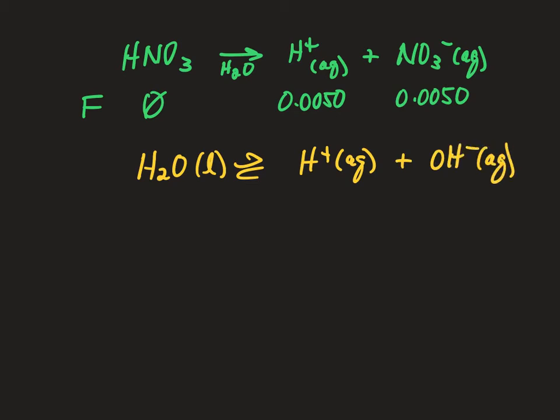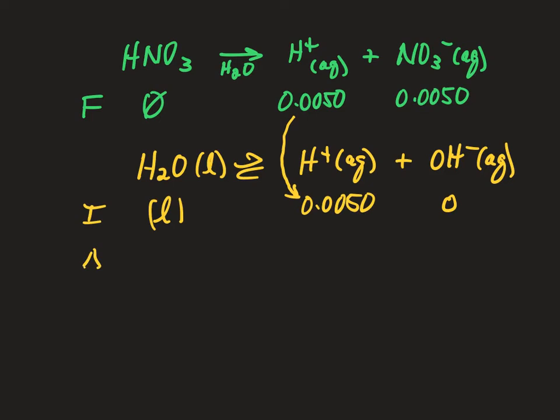And so we have to look at our initial condition here. Water is liquid, so we don't worry about its concentration. But here we're not dealing with 0 hydrogen ions. We're dealing with 0.0050 molar hydrogen ions. This number becomes our initial concentration of hydrogen ions, our result from our complete process. Now we can say we have 0 hydroxide ions because we haven't considered those yet.